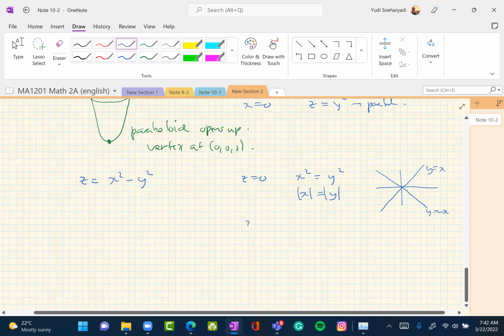When z equals 1, so the height 1 is x squared minus y squared. Okay, so again, but recall that this is hyperbola.